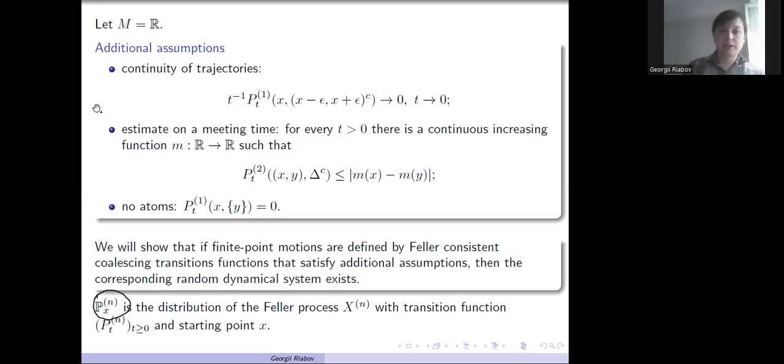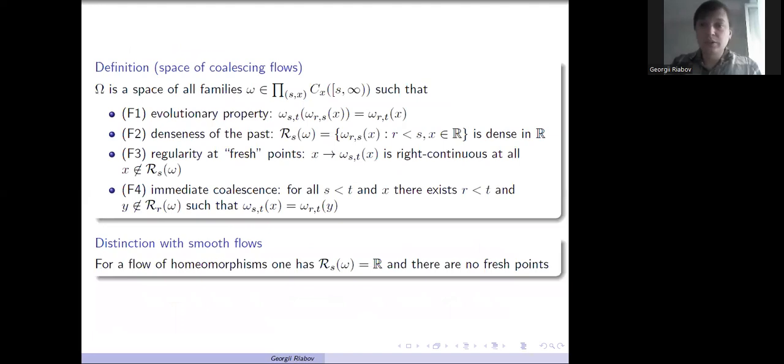As we discussed yesterday, for coalescing stochastic flows, it is not clear what to take as the underlying metric dynamical system. So first of all, I want to define the proper probability space on which the random dynamical system can be constructed.